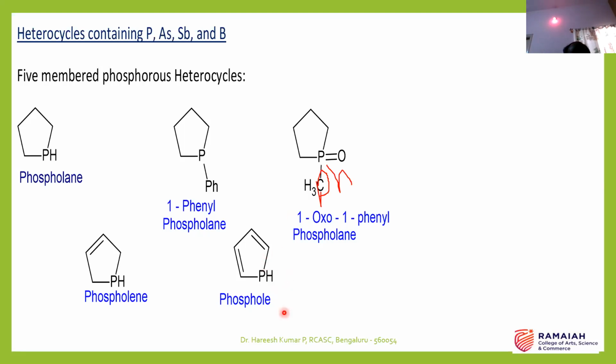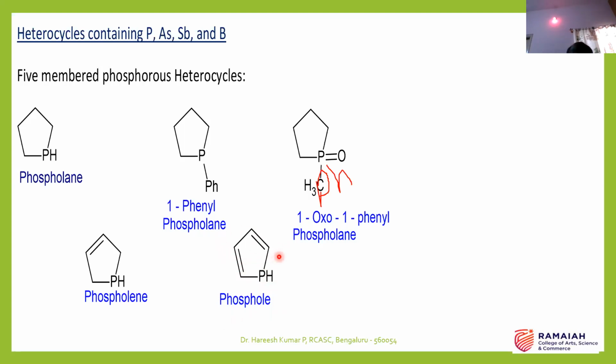Similarly, here also OLE is the suffix, since it is a 5-membered ring. And the prefix for phosphorus-containing heterocycles is phospho.